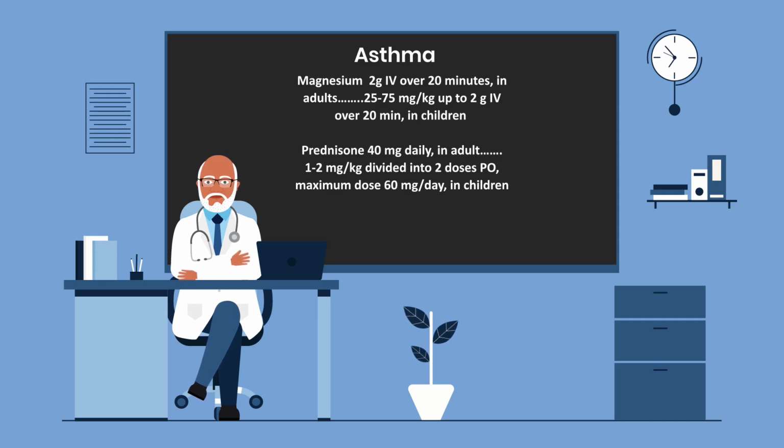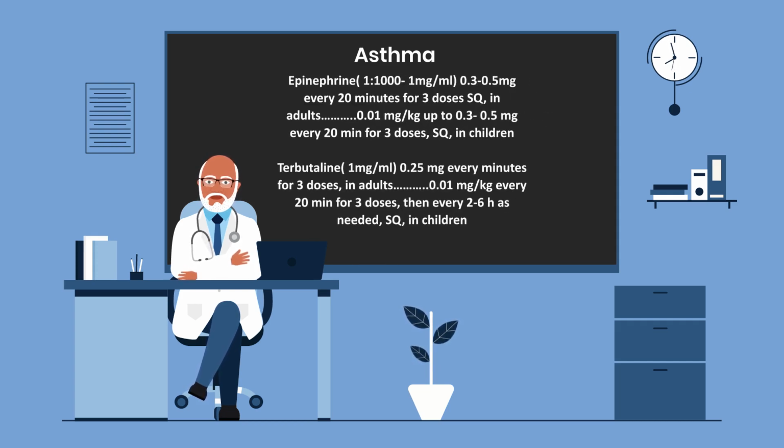Prednisone may be given at 40 milligrams daily in adults. In children, it's given as 1 to 2 milligrams per kg divided into 2 doses, and this can be given PO with a maximum dose of 60 milligrams per day. And again, this is in children.